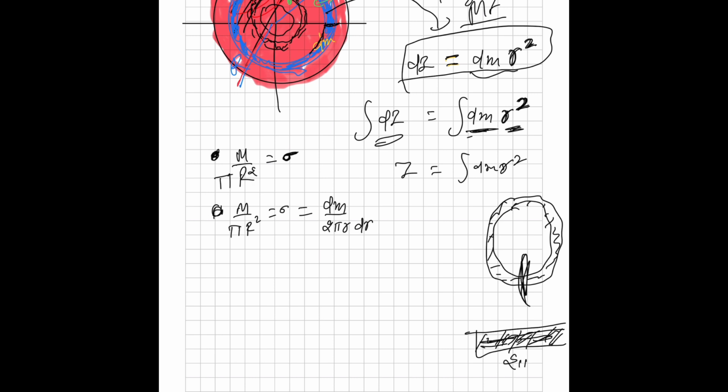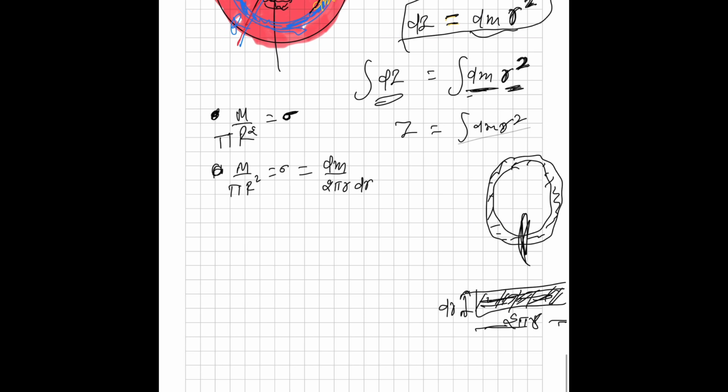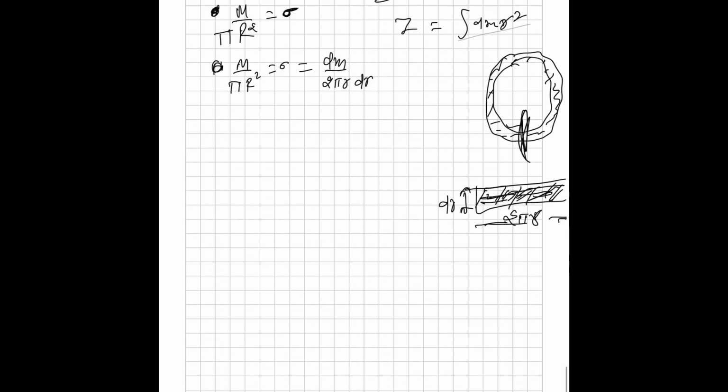This length is 2 pi r, and this is dr. So width into height will give us the area of this elemental ring.